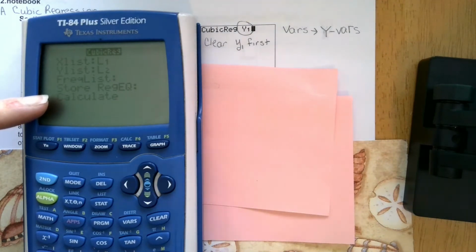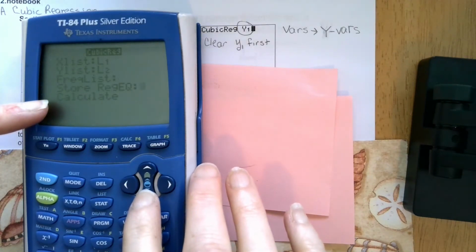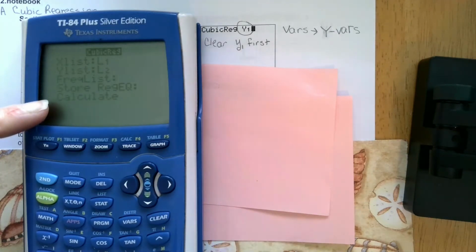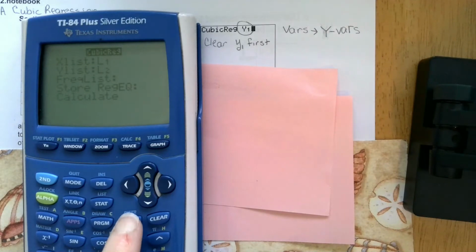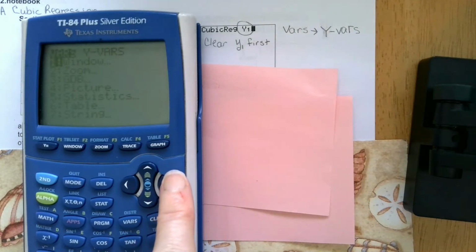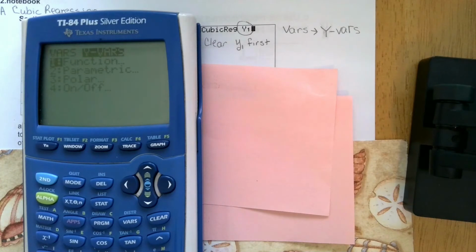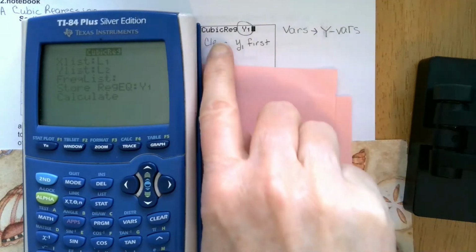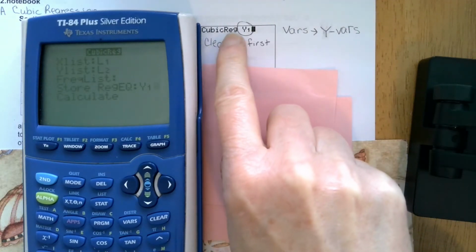And you have the option of telling it where to store the regression equation. We want to store the regression equation in y1. So I'm going to arrow down, and right there beside it, I'm going to go to vars, and then arrow over to y variables. Under function, select y1. Now your calculator may have come up looking like this, cubic regression.